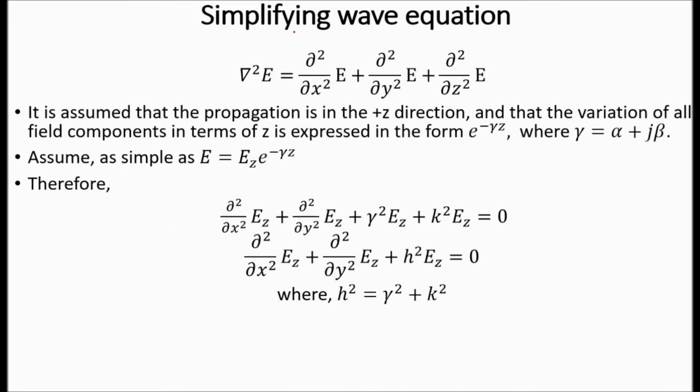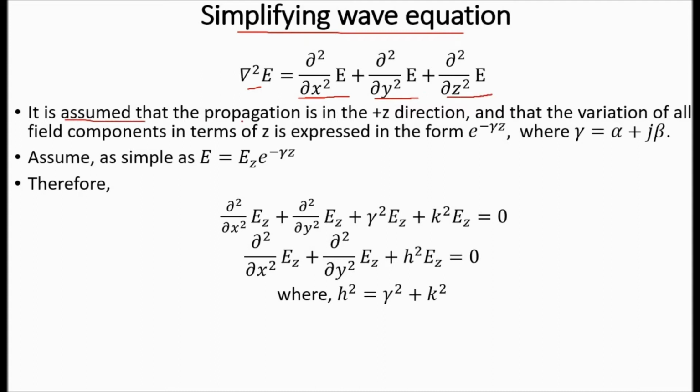To simplify the wave equations, the del square term can be written, in Cartesian coordinates, as del square E equal to partial square E over partial x square plus partial square E over partial y square plus partial square E over partial z square.